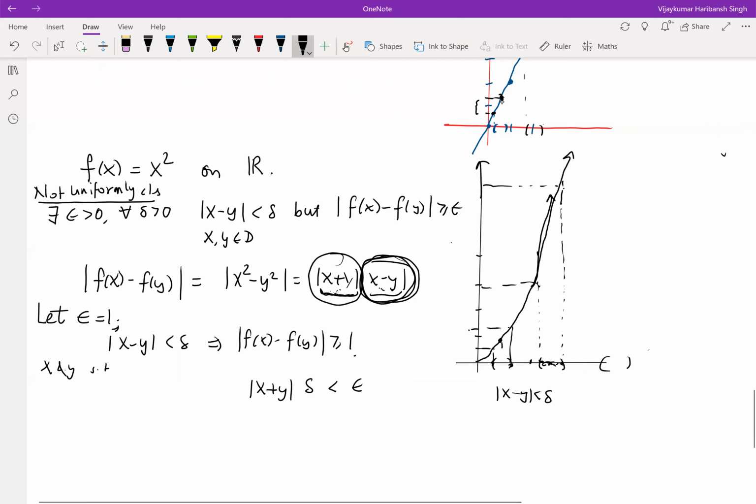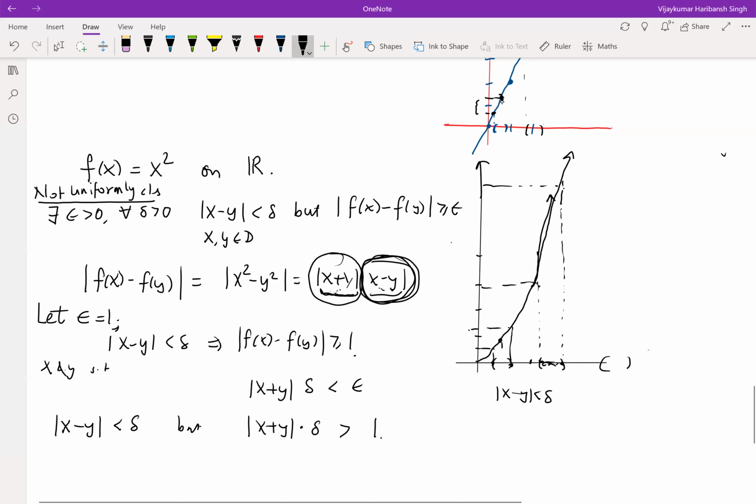We should choose x so that the difference between x and y is still less than delta, but f of x minus f of y is such that x plus y times delta is greater than 1.